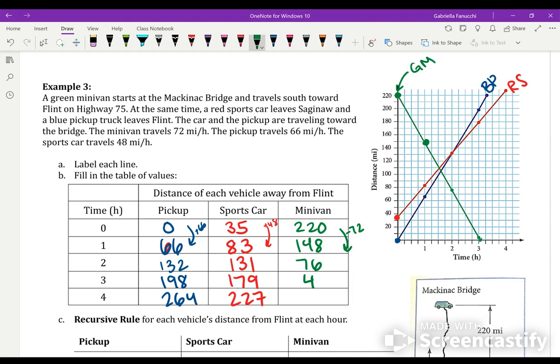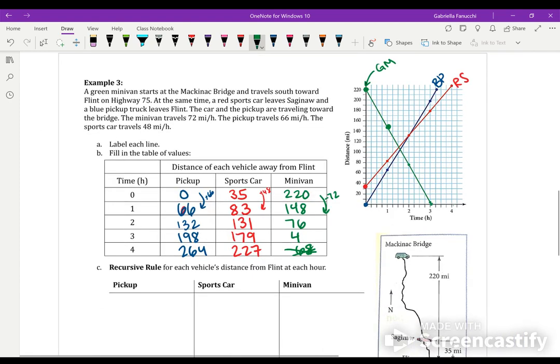And if you look right here, at hour 4, there is no hour 4 for the green van, right? It's just there. Okay. So I'll just go ahead and put it for peace of mind. So 4 minus the 72, it's going to be negative 68. But again, this does not work.